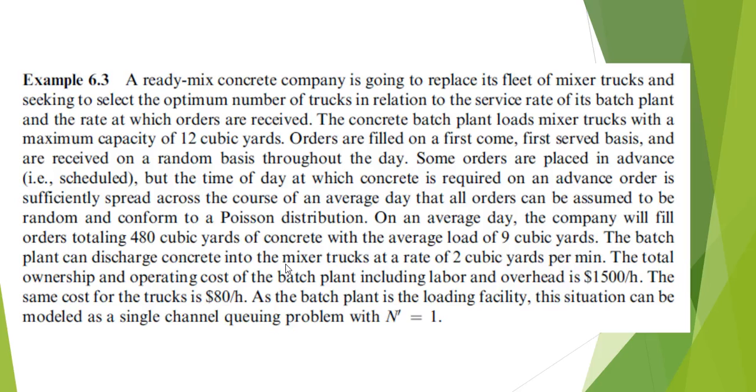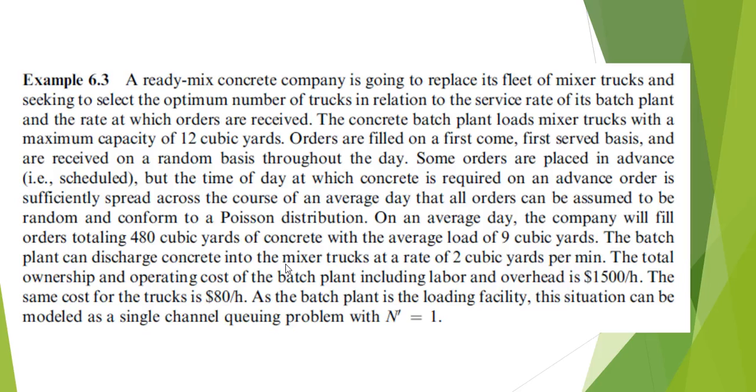So on an average day, the company will fill orders totaling about 480 cubic yards of concrete with an average load of 9 cubic yards, and the batch plant can discharge concrete into the mixer at a rate of 2 cubic yards per minute, and the total ownership and operating cost of the plant, including labor and overhead, is $1,500 an hour.